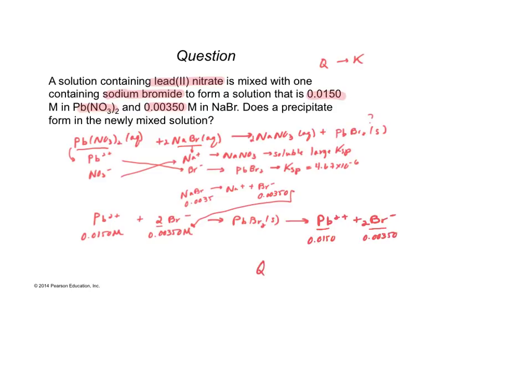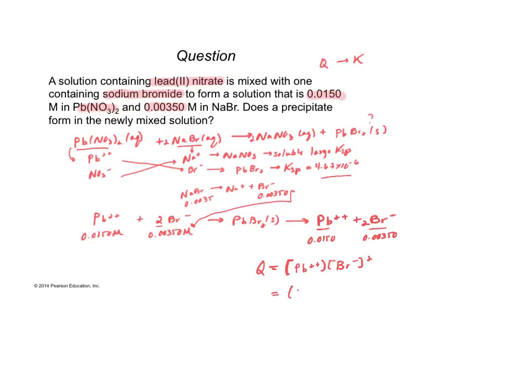So the question is, what is Q? And what is Q relative to K? Because we've already looked up K. So I'm just going to take these guys, I'm going to plug them in to the reaction quotient expression. So this is just Pb2 plus times Br minus squared.